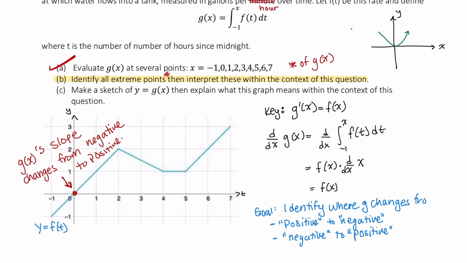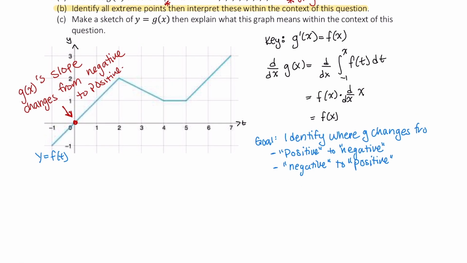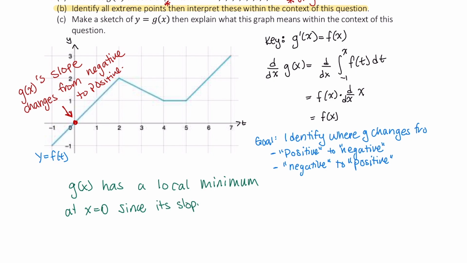All right, so let's go ahead and write this out. So we have g of x has a local minimum at x equals 0, since its slope changes from negative to positive.